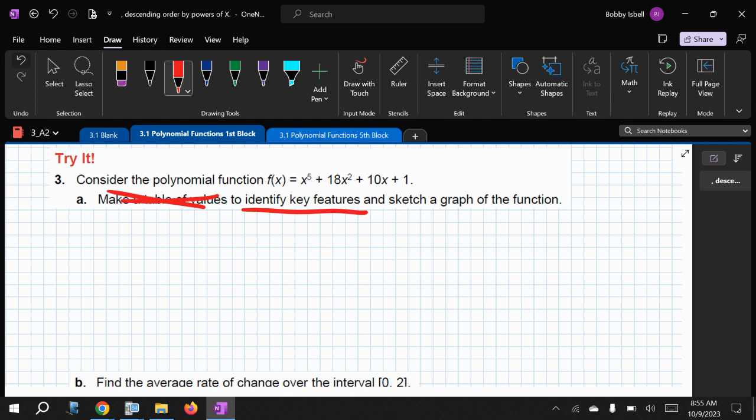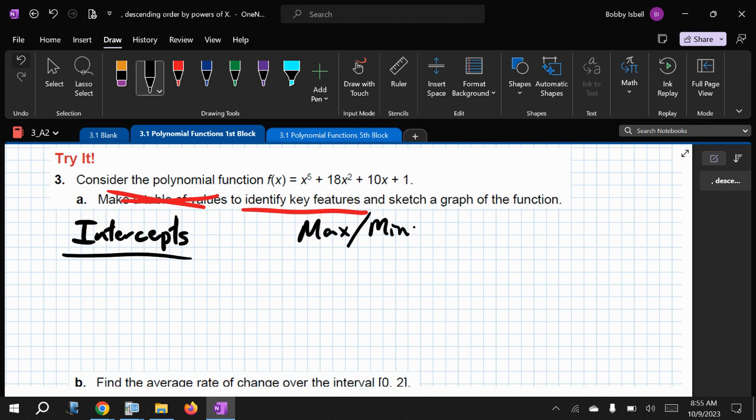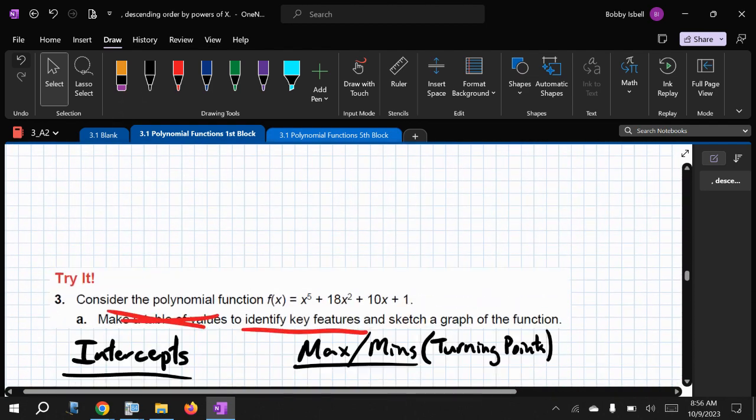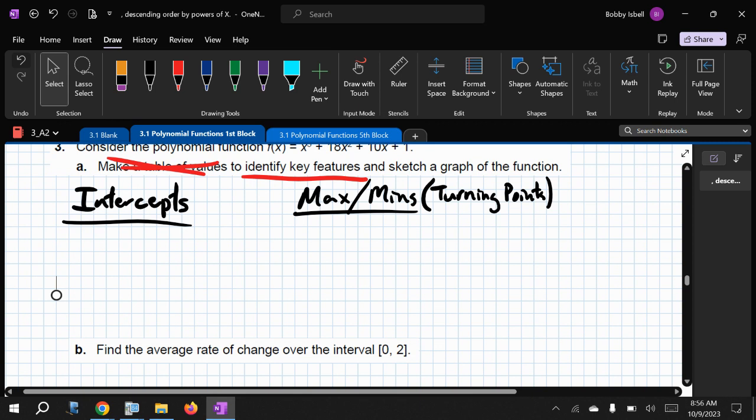So remember, the key features that we're looking for are intercepts, maxes and mins, and then which are also, remember, those are also turning points. And what else? End behavior, which that's a good thing to note anyway.